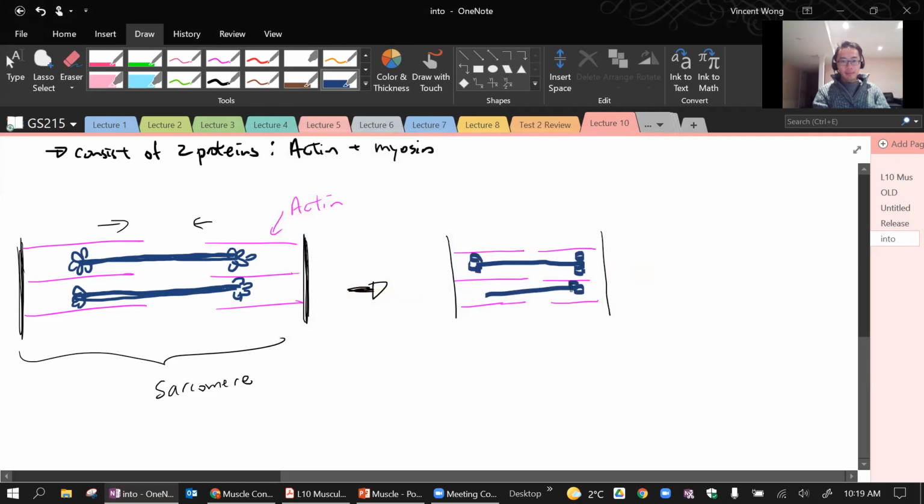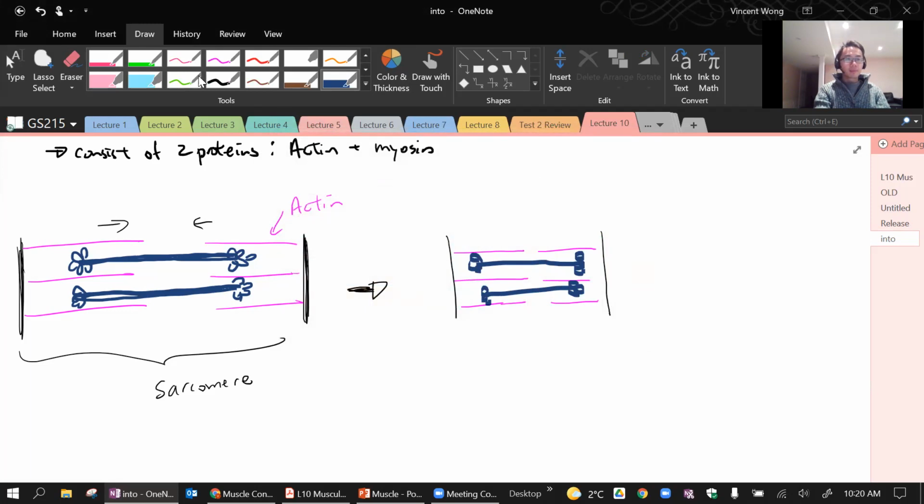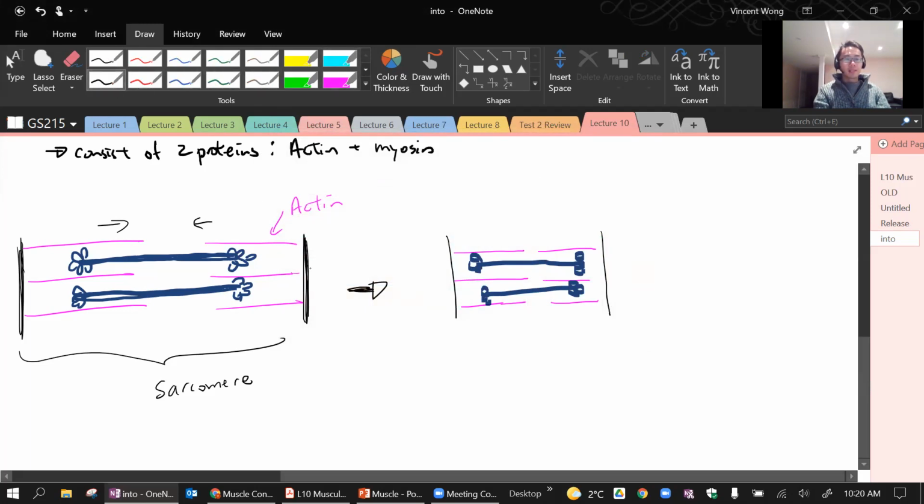Do you understand? By having the myosin pulling on the actin towards the inside, it will cause the sarcomere to shorten. Shortened sarcomere. And that's how you create muscle contraction.